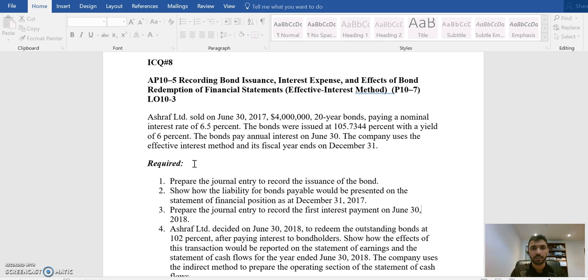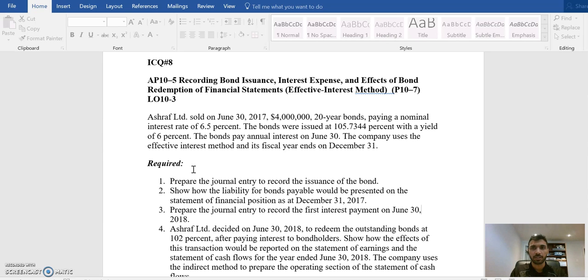I will be doing the solution in Excel, or in particular I'm going to be using Google Sheets, and then I will post a link to the solution as we've worked through it onto the portal for you to refer to.